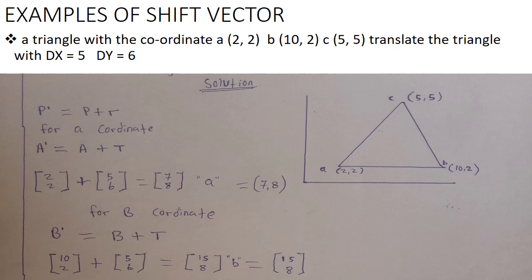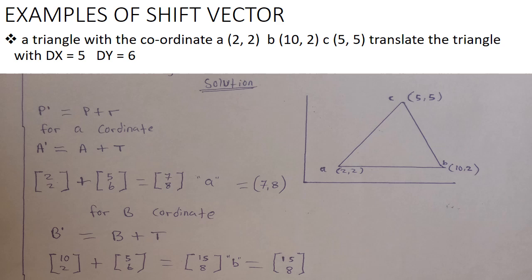So let's implement our formula here. We are using the coordinate of A, then we convert it to A' = A + T. Since we are using matrix form, let's provide our coordinate of A. What do we have in the question? We have 2,2 representing the coordinate of A, so we represent 2,2 plus the x and y, which are 5 and 6.